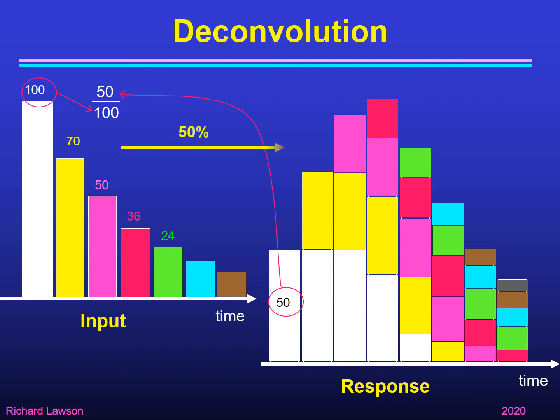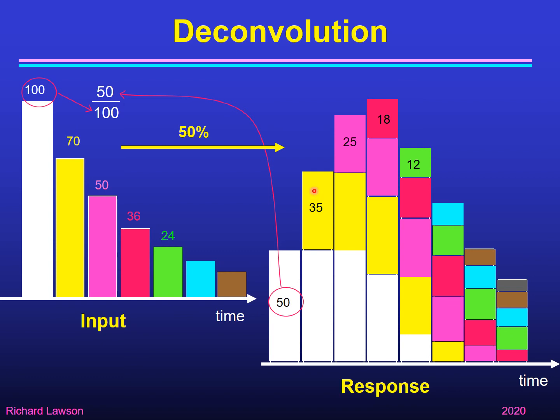So we can assume that we also got 50% of the 70 yellow there, giving us 35 yellow there, 50% of the purple 50 there, giving us 25 there, 50% of the 36 red, giving us 18 red there, and 50% of the 24, giving us 12 there.